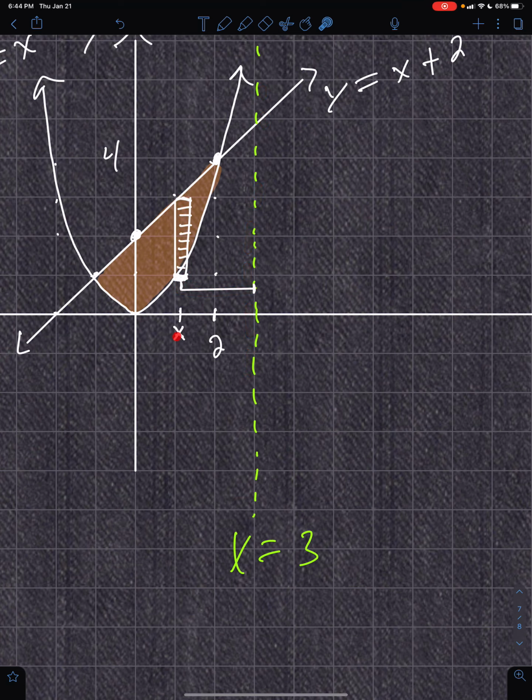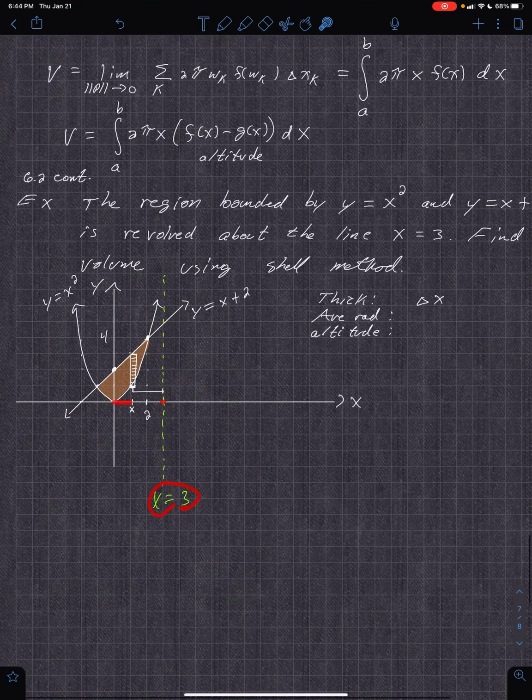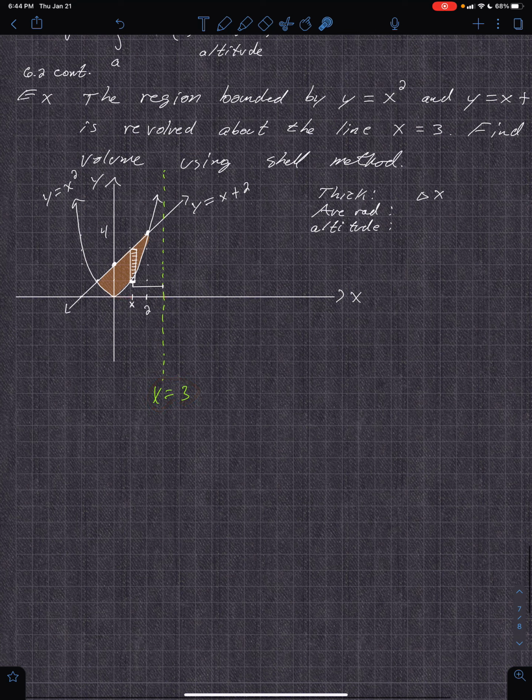If you call this x, that goes from the y-axis to x, but that's not what we're looking for. We're looking for this distance. If we start at 3, it's 3 minus whatever this x is. So 3 minus x is the average radius.